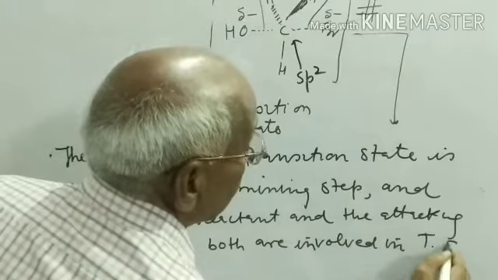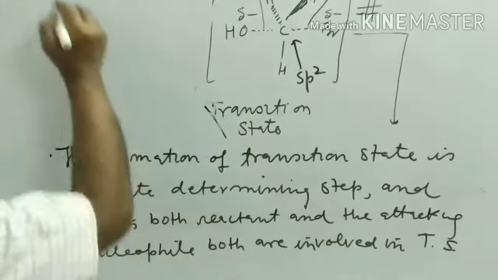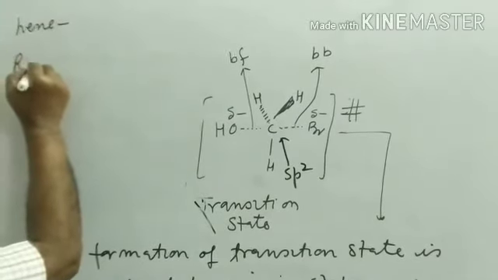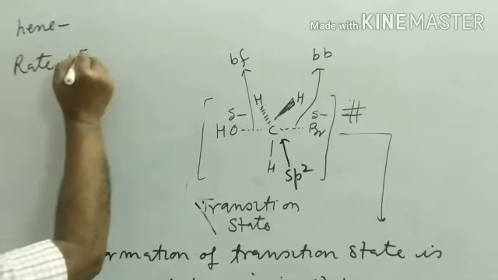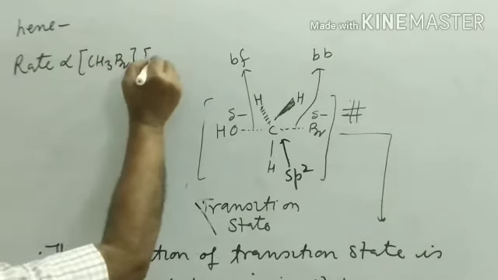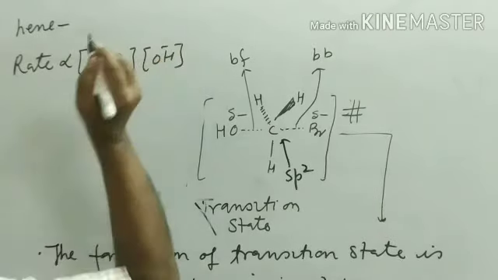TS means transition state. Hence, the rate is proportional to the concentration of methyl bromide and the concentration of the attacking nucleophile.